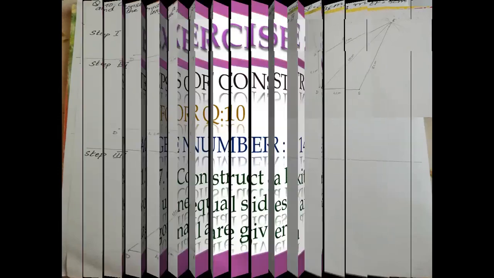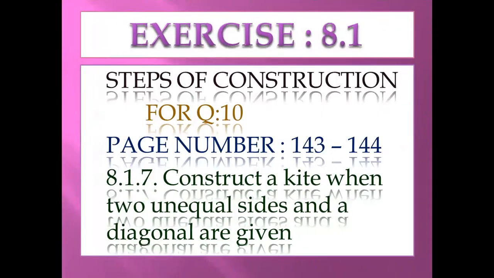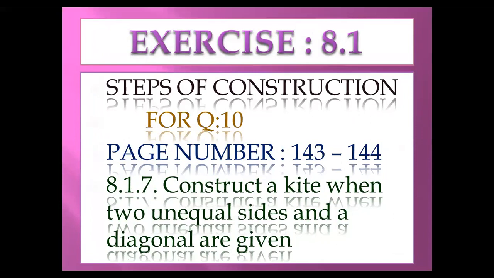We have 12 questions, but 11 and 12 we will do in the next meeting, inshallah. We have done till question 10. Questions number 2, 3, 4, and 9, these four questions are your homework. Try to do questions 2 and 3 as given.